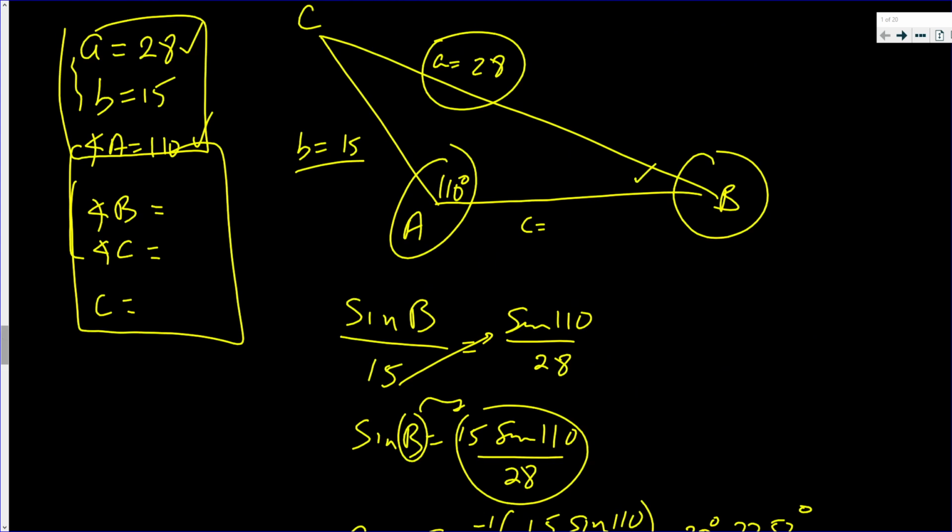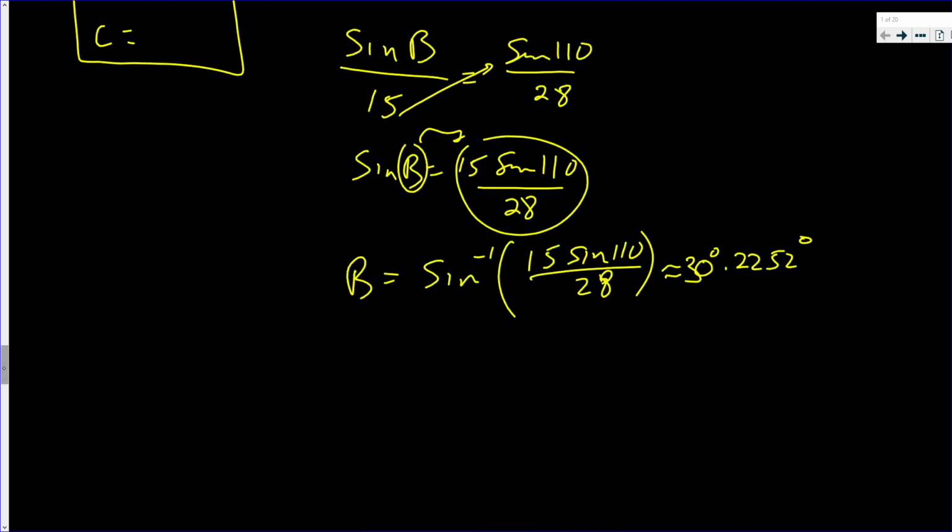We have angle B. We don't have little c. We don't have big C. We don't have either of these. And we can't find little c, but we can find big C. If you're given two of the three angles of a triangle, you can find the other.